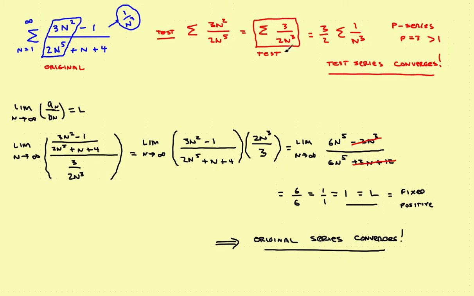Now the next step, of course, is you've got a test series. You need to know, does it converge or diverge? And what you did in the last video, 3/2 is a constant, so you pulled it out in front. This is a p series with p equal to 3. And you know from previous work that if the p is greater than 1, the series converges. So you can show that even with these leading coefficients, the test series does converge.